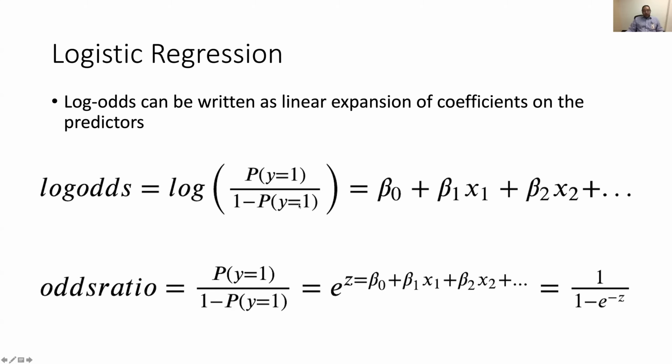Does that make sense? So the odds ratio is this, and it has the form of a logit function, conveniently. So you can write this log of probabilities as a linear expansion, right? It's a linear expansion of coefficients weighting the individual features. This should look very familiar, right? This is basically linear regression, right?